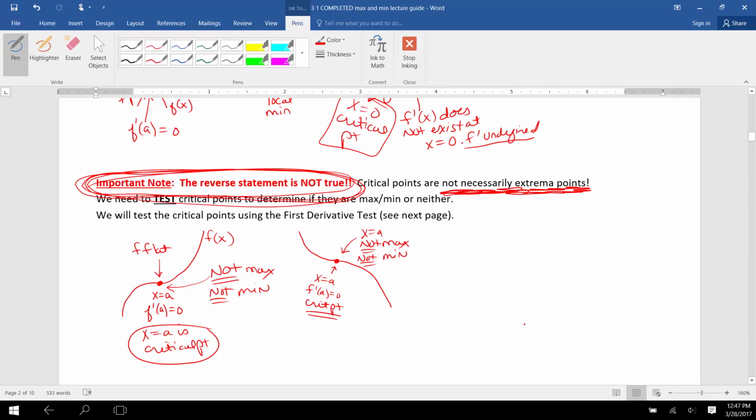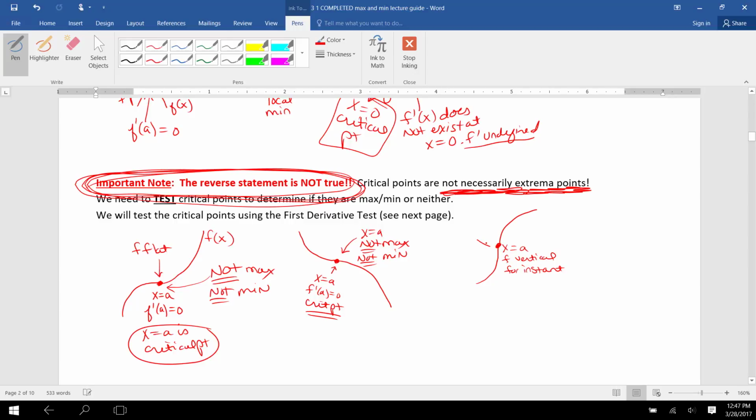All right, another variety of this is when we could have a function getting steeper, steeper, steeper until it actually reaches a point at x equals a where f is vertical for an instant, for just that one instant in time it's vertical, and then it turns and goes like this.